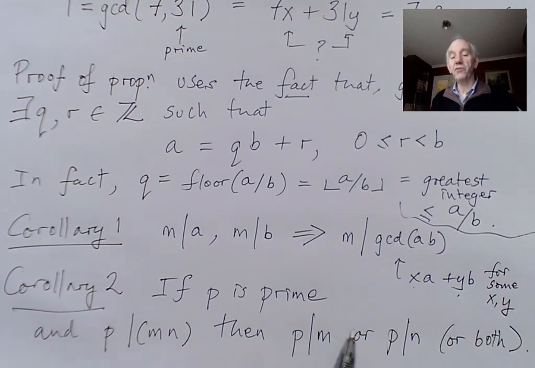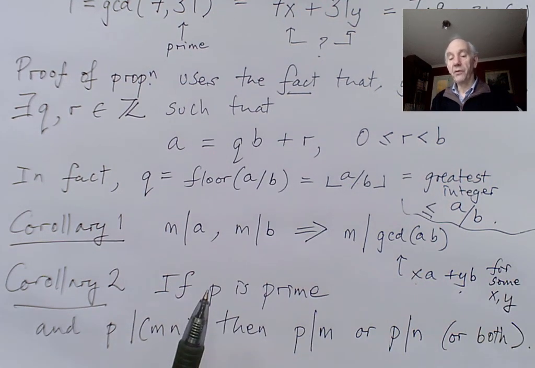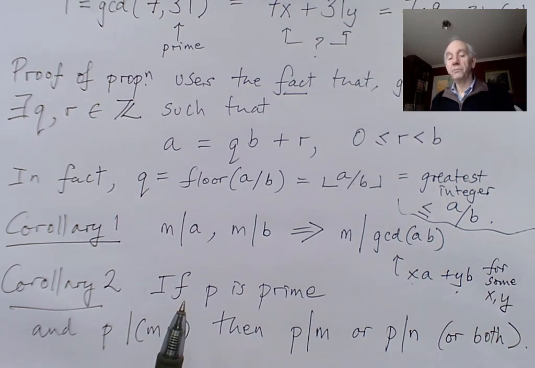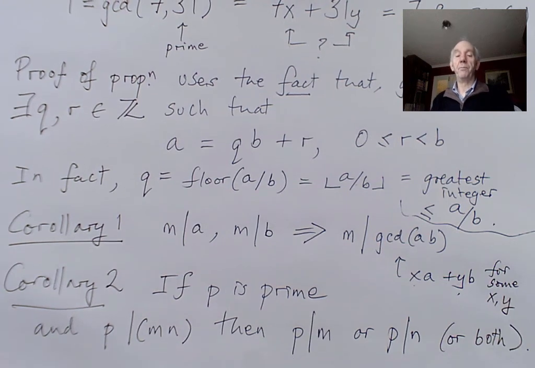But we can prove this result using the notion of greatest common divisor. On the other hand, in the context of algebra, this can actually be used to define a prime element. So it's a very important property of prime numbers. In some sense, more important than the definition of a prime number.